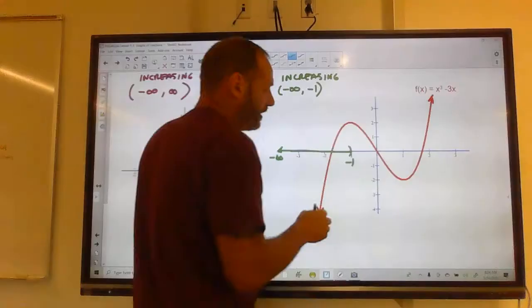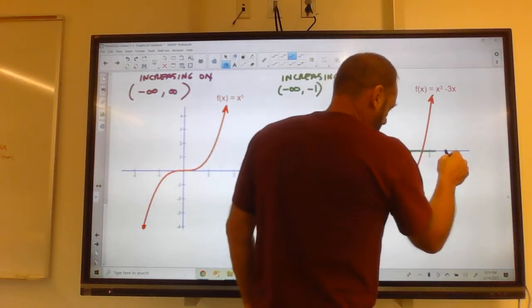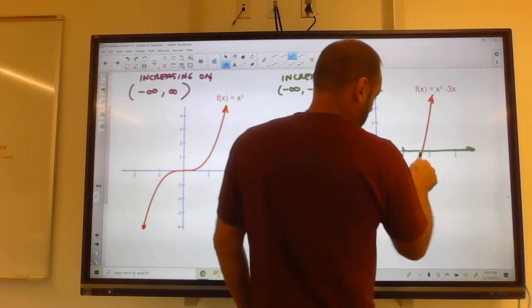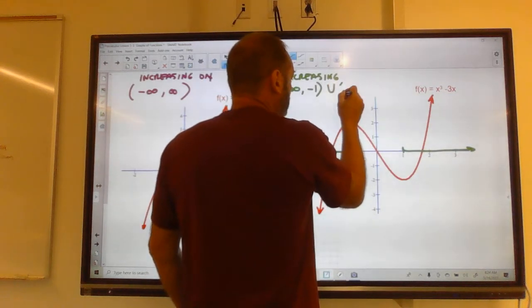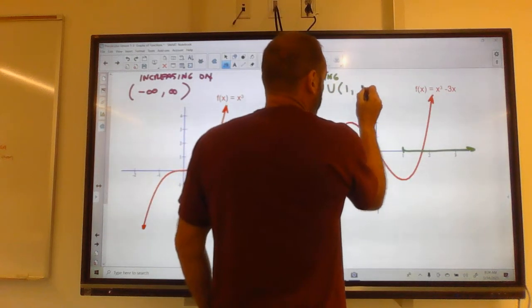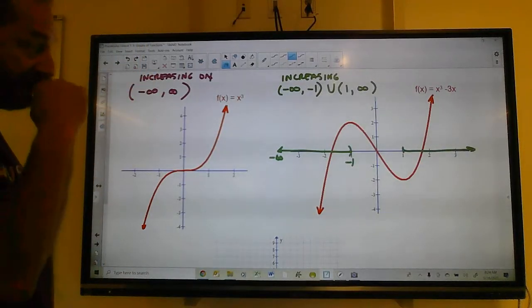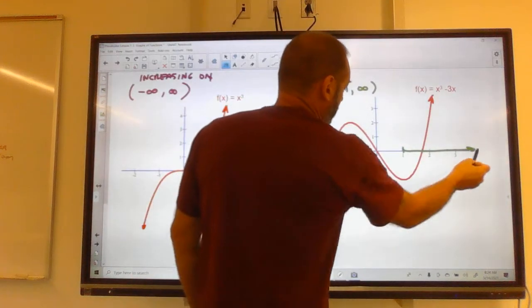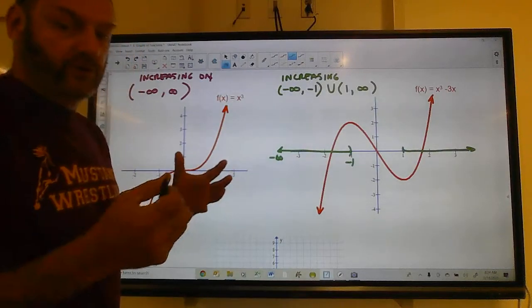Now, it's also increasing from here to infinity, because it's down here and it's getting bigger and bigger and bigger this whole time. So we say union 1 to infinity. So there's two intervals where this thing is increasing, from negative infinity to -1 and from 1 to infinity. And this little U sign right here is a union. It means to put those two things together.